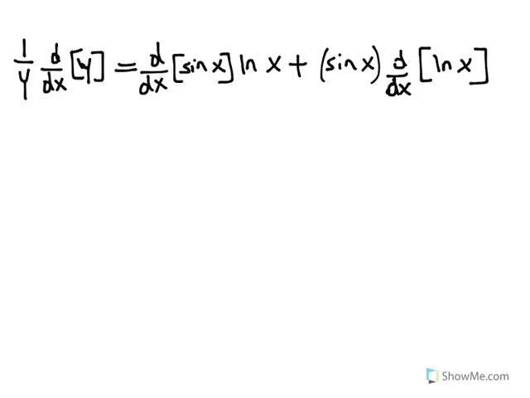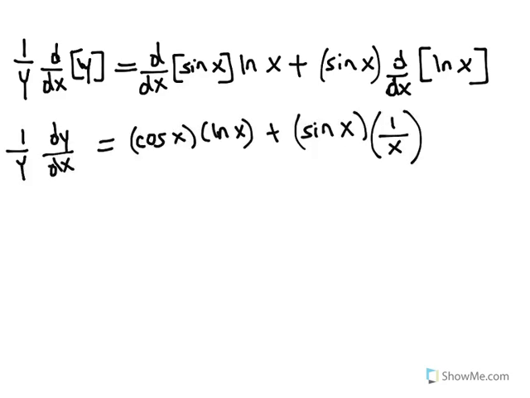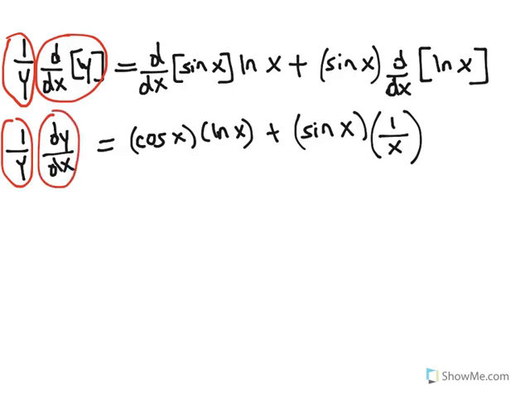So this is the last line from the previous slide, and now we're just going to continue. So here is what we have. We have 1 over y, and the derivative of y with respect to x is dy/dx.